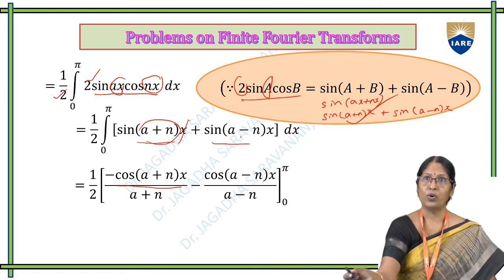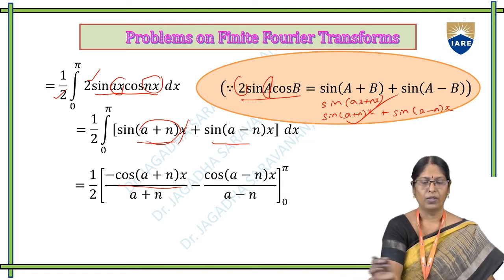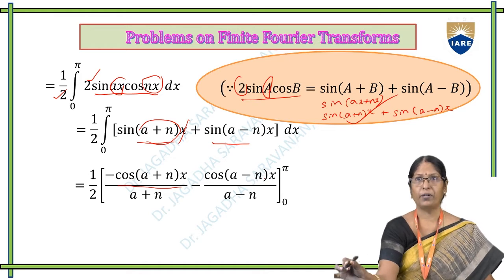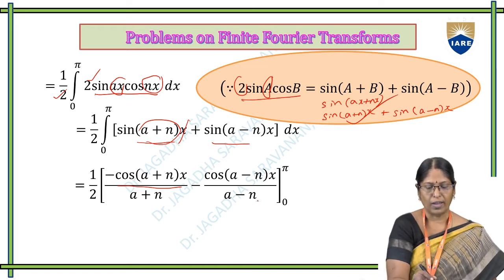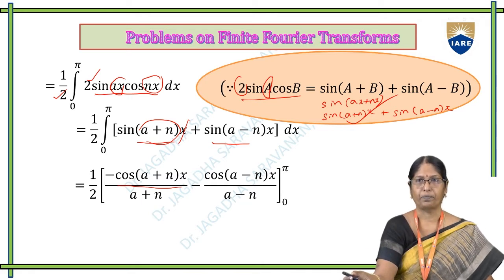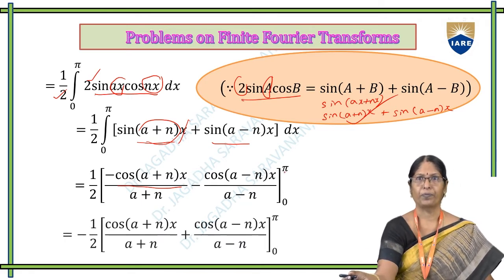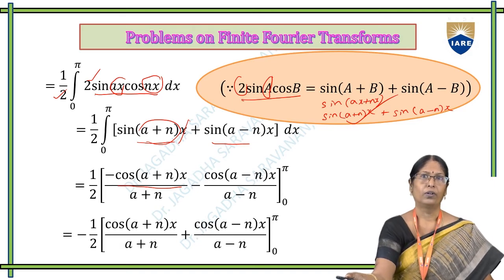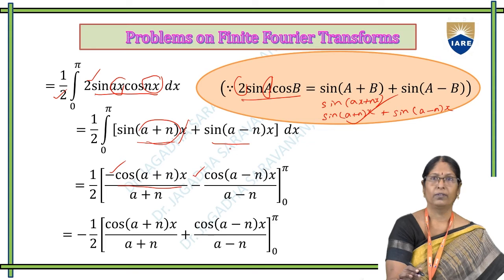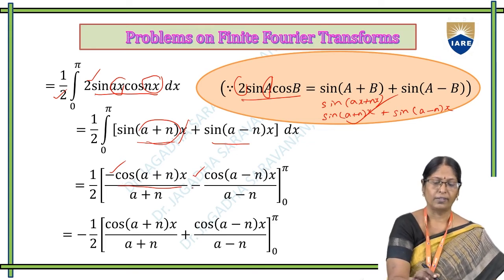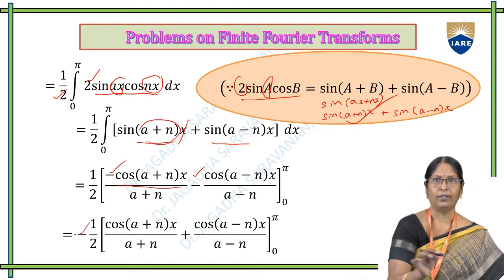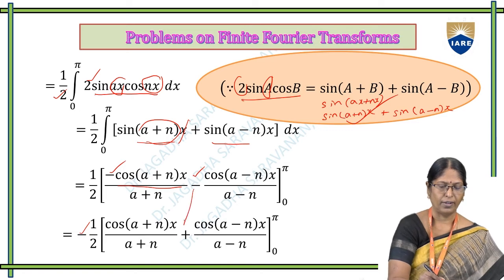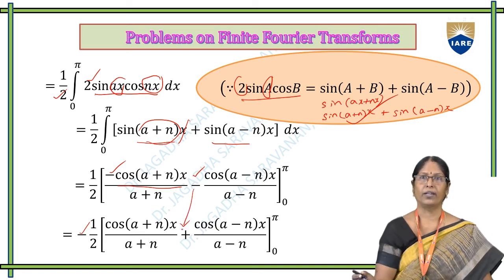Here also sine of the term, so cos of that term divided by the coefficient of x, which is a minus n, from 0 to pi. The first term has a minus sign, the second term has a minus sign. Put together, we take the minus sign outside, and that is why this negative sign becomes positive.